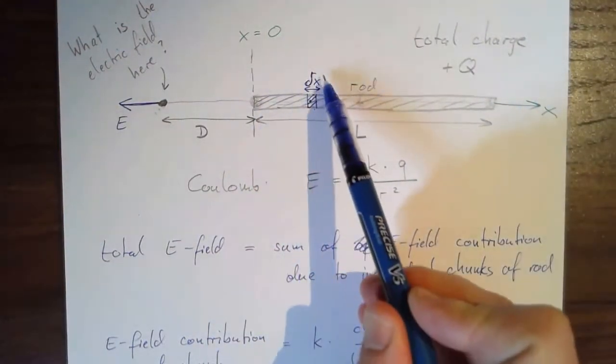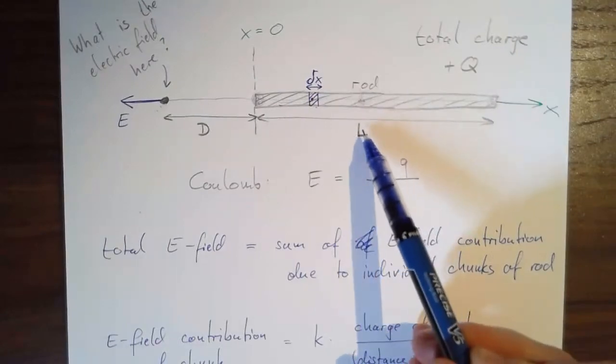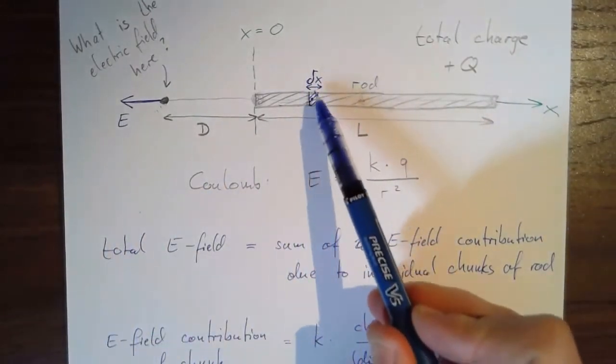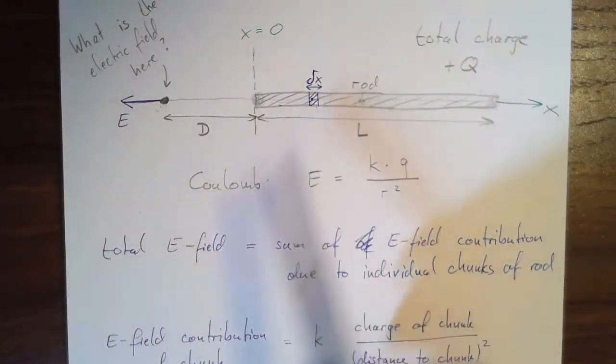The fraction that is of the length, like 1/1,000,000th, that times Q gives me the charge of the chunk.